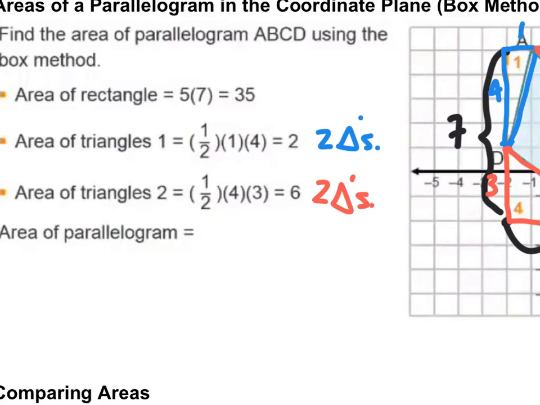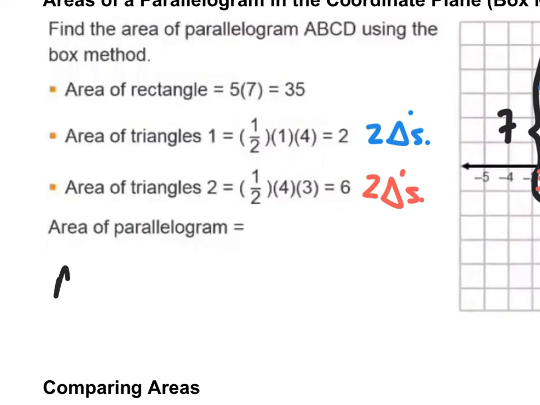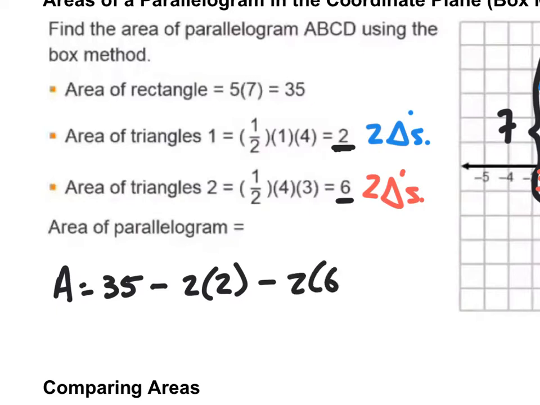So if I were to find the total area of the parallelogram, I would take 35 minus the area of triangle 1, which is 2, but I have 2 of them, so 2 times 2, and then minus the 2 triangles that have an area of 6, so 2 times 6.